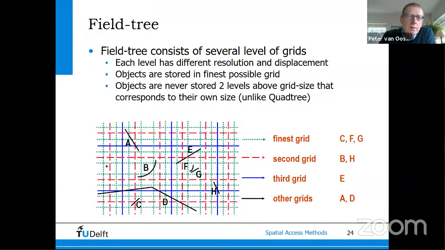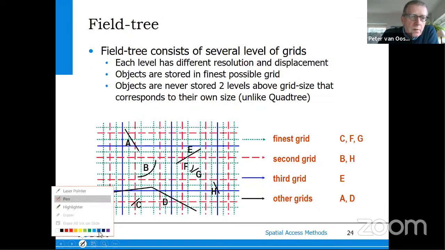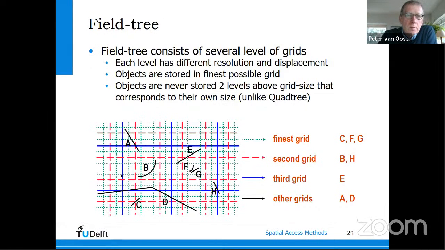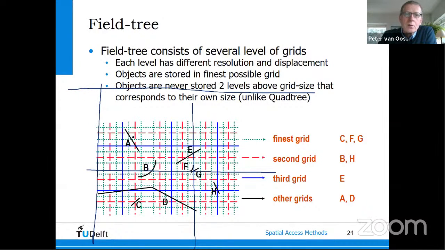But if we again would make the next grid level, duplicating, and I'll depict it with a black line, so that would be somewhere over here, somewhere over here, and somewhere over here. Then it cannot cross again.